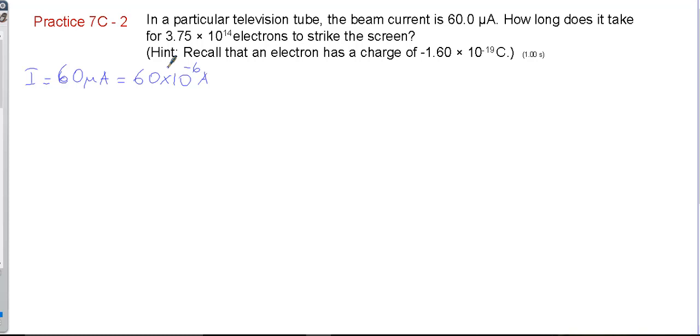Then the number of electrons is given instead of charge here: 3.75 times 10 to the power of 14 electrons pass.